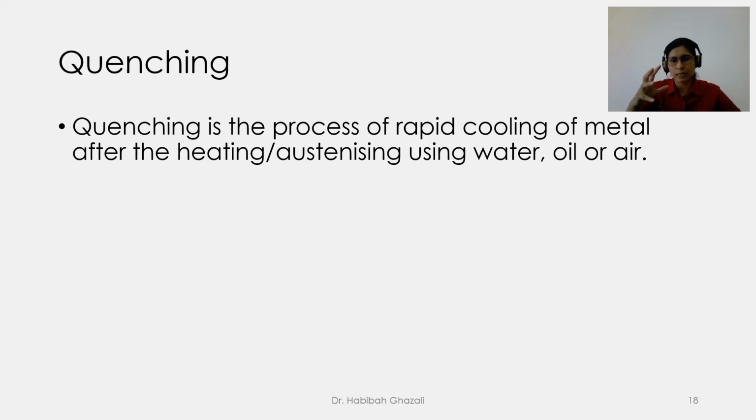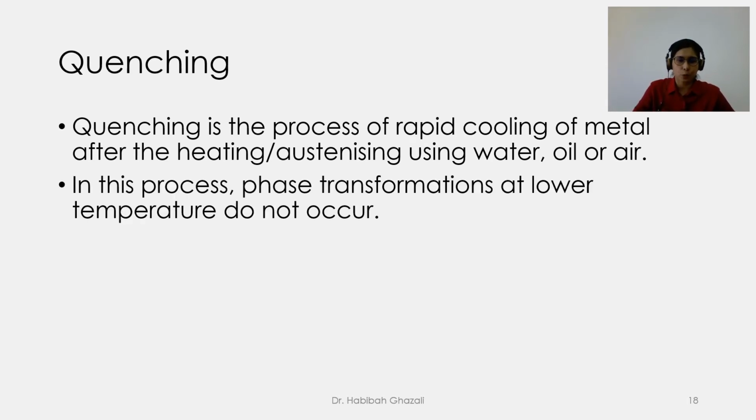So when using different quenching media, the rapid cooling rate will be different again. So what we need to do during this quenching process is we take out the steel from the furnace and dump it inside this different type of quenching medium, and it will allow it to cool very rapidly.